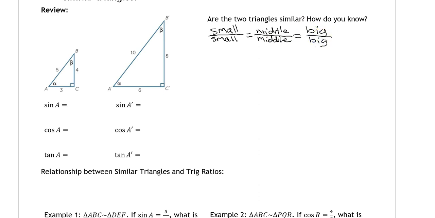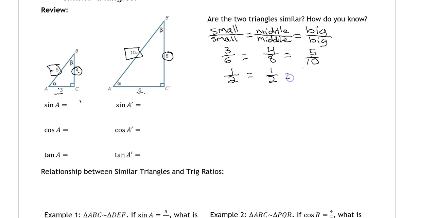So my smallest side, I have 3 over 6, which has to equal my middle side, 4 over 8, which has to equal my largest side. I did 3 over 6, 4 over 8, so I have to do 5 over 10. Again, 3, 4, and 5 are all part of the same triangle. Then, reducing my fractions, 3 over 6 is 1/2, 4 over 8 is 1/2. So I'm going to say yes.